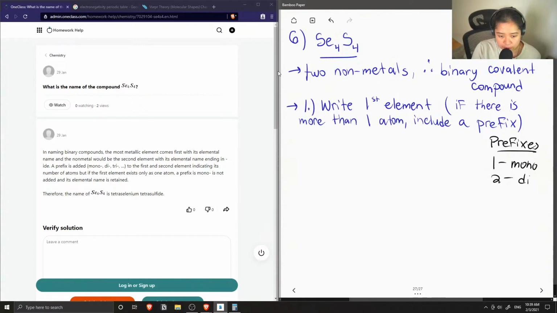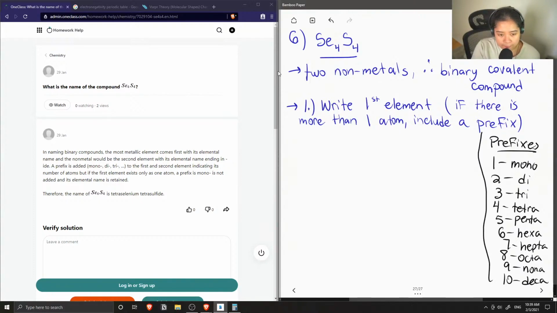When we have two, we use di. 3 is tri. 4 is tetra. 5 is penta. 6 is hexa. 7 hepta. 8 is octa. 9 is nona. And 10 is deca.